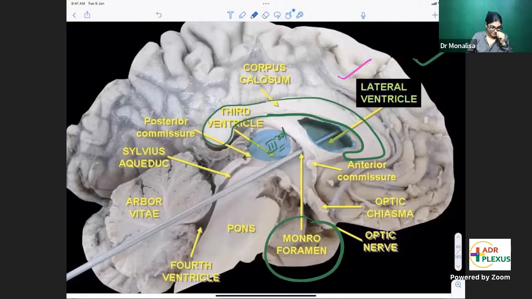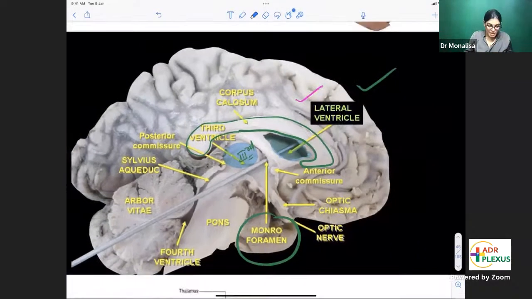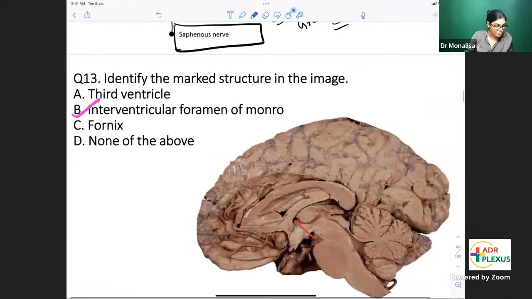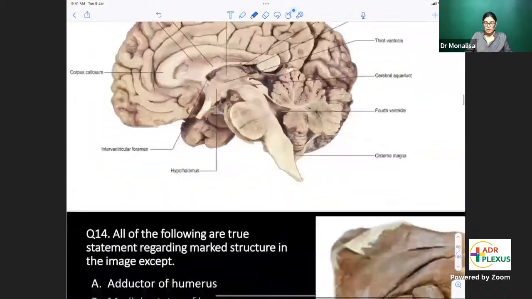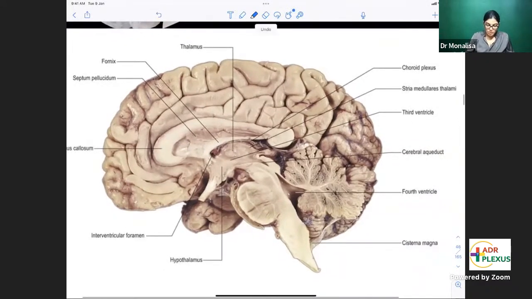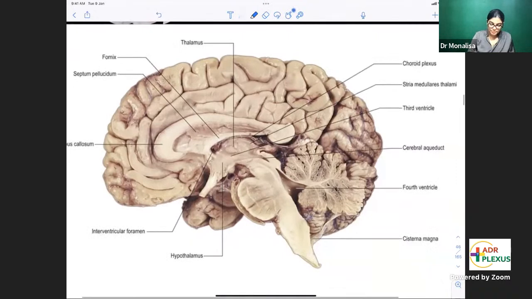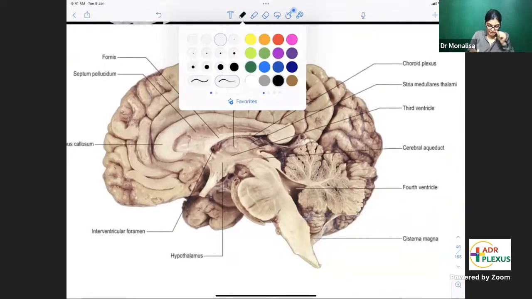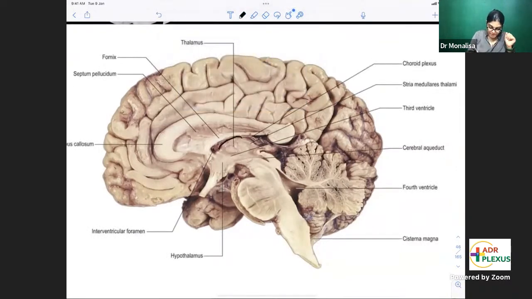Yes, Dr. Deepsha, B is absolutely right. Now here you can appreciate another image showing the location of the thalamus, which is part of the diencephalon, and here will be the location of the third ventricle, which has a communication via this foramen.